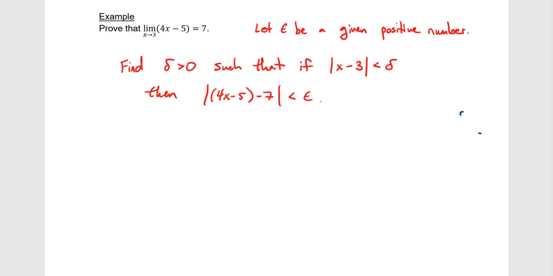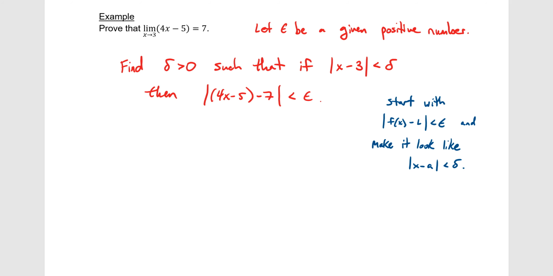What we're going to do now is start with the absolute value of f of x minus L less than epsilon, and then simplify it until it looks like the absolute value of x minus a less than delta. We do this because then we're going to find delta in terms of epsilon.